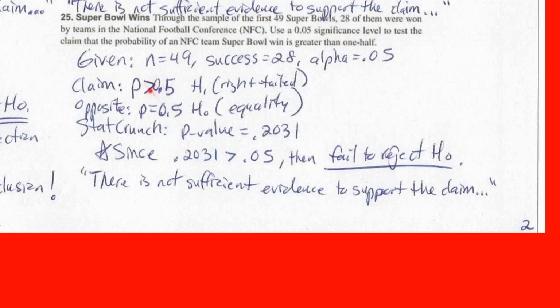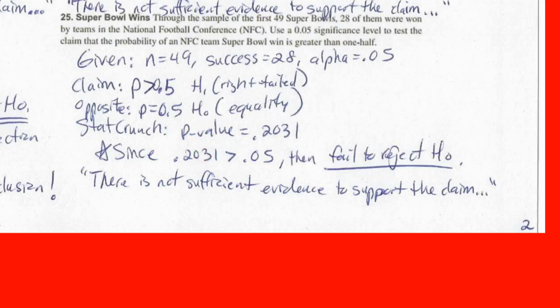Our claim is that it's greater than. That's obviously in bias or in favor of NFC. We're going to say, nope, status quo, that's the opposite of this. It's actually half. Okay, so half goes to NFC, the other half goes to AFC. And so StatCrunch produces a p-value of 0.2031.